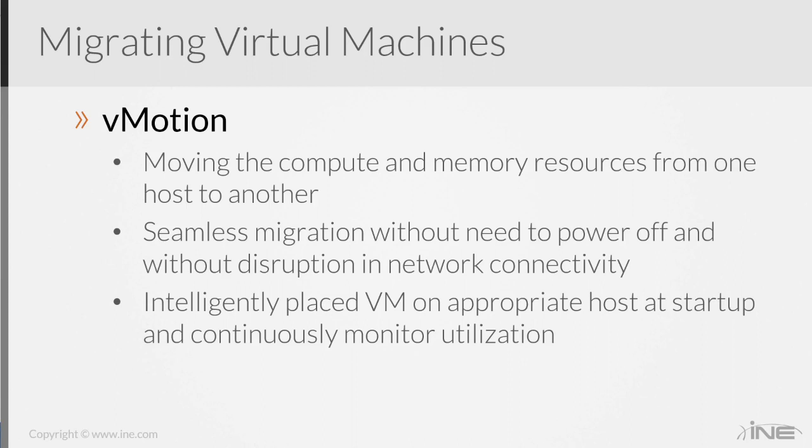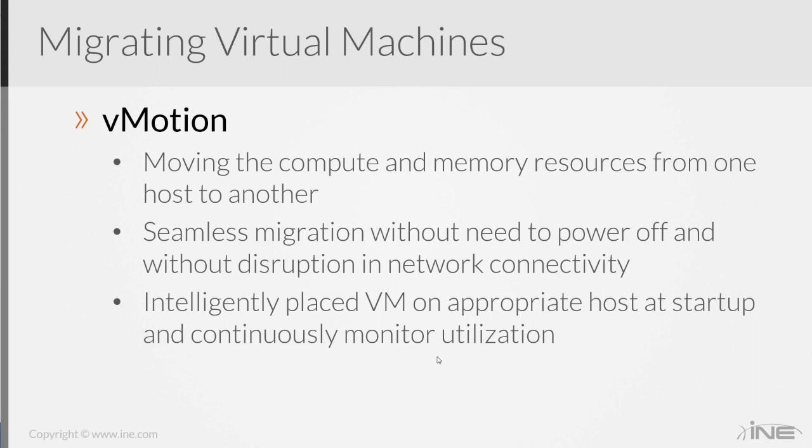vMotion is also utilized by the Distributed Resource Scheduler or DRS service in vSphere. This is used to migrate VMs across hosts to balance the resource utilization and basically to improve overall hardware use among our hosts. We'll get into the discussion of DRS and storage DRS towards the latter part of this course.